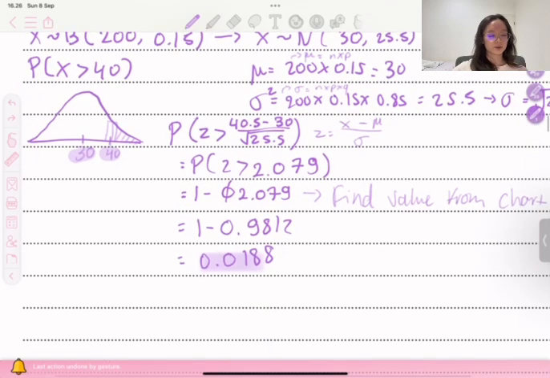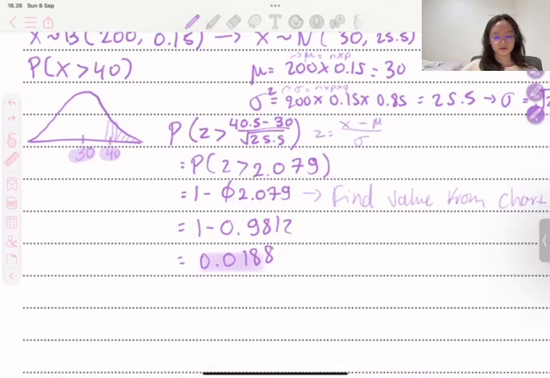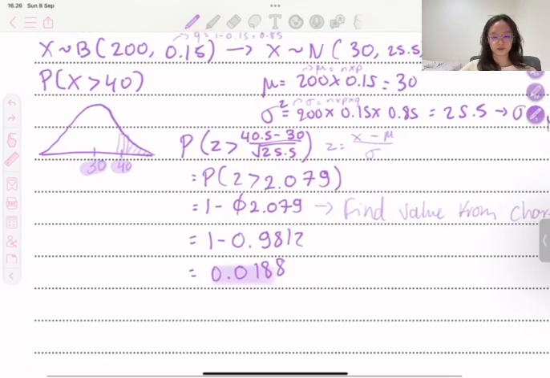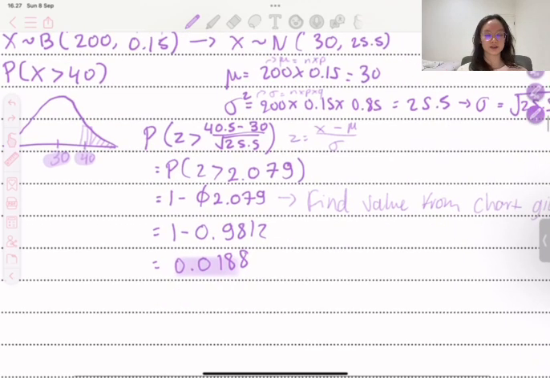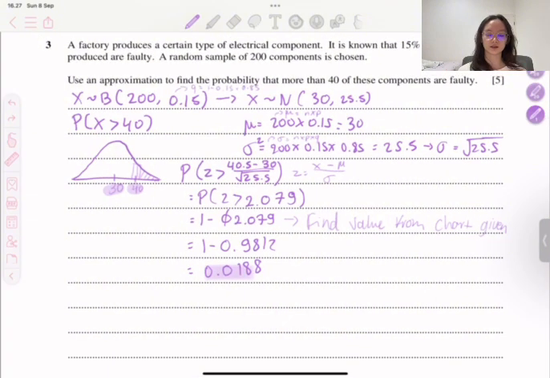So we will find that the probability of x greater than 40 is the same as the probability of z is greater than 2.079. But since we will be using the normal distribution chart, we have to find the probability that z is less than a value.